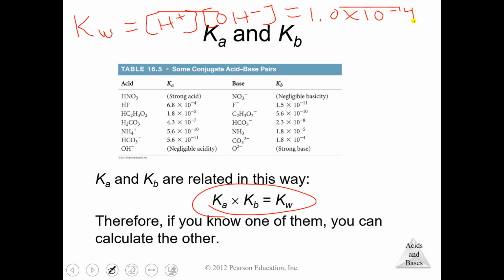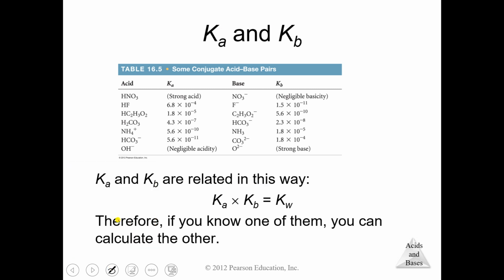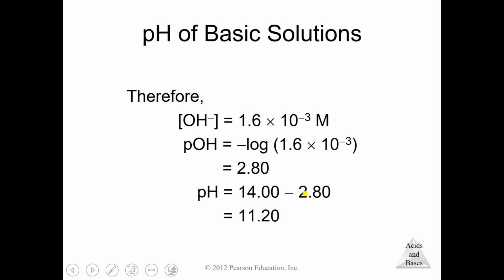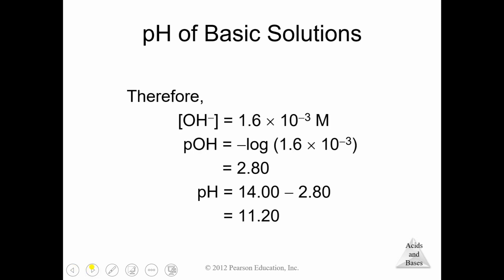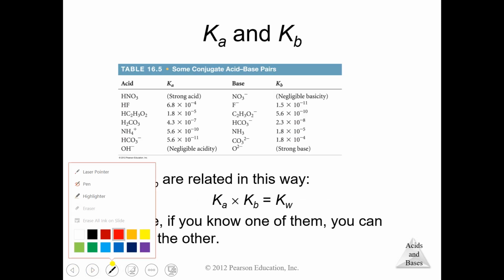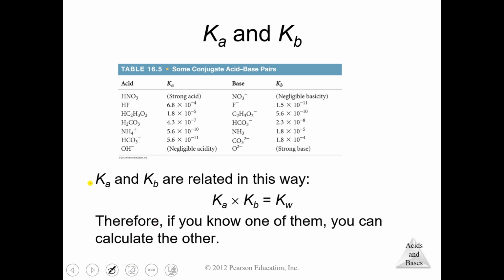So we can also say that this is equal to 1.0 times 10 to the minus 14 because Kw, the autoionization of water, is equal to 1.0 times 10 to the minus 14.